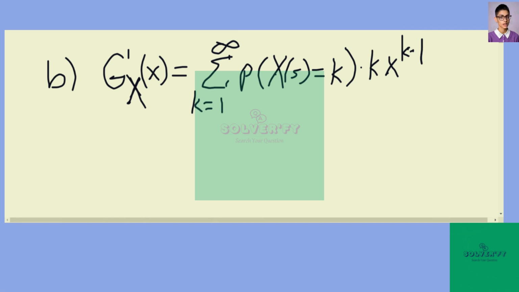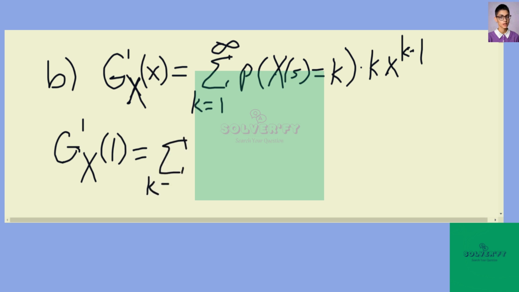And so we have that G_X prime evaluated at 1 is equal to the sum from k equals 1 to infinity of the probability that X(s) equals k times k.